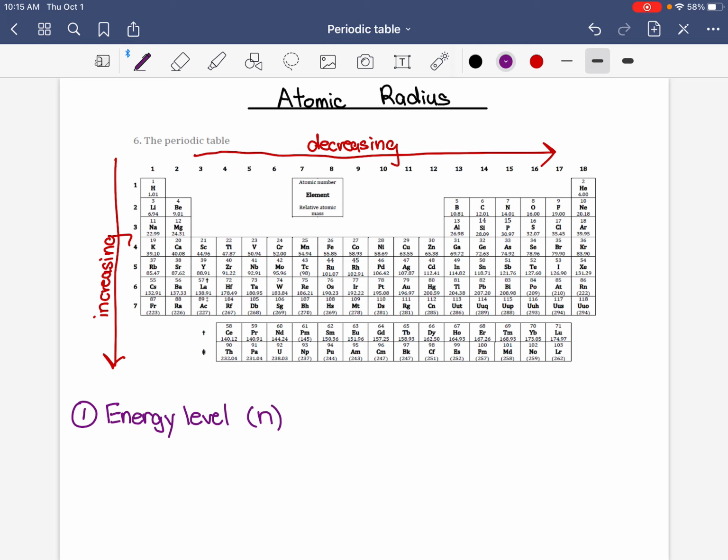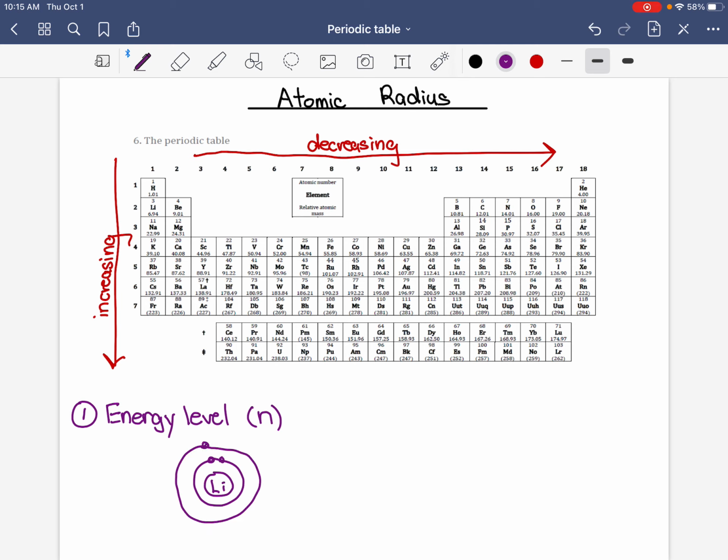The higher the energy level, or the more energy levels there are for an atom, the bigger they are. And for atomic radius, the Bohr model of the atom is a very useful model to illustrate this. So if you think about it, you have lithium. Lithium will have 2 electrons on its first shell and 1 electron on its second shell.